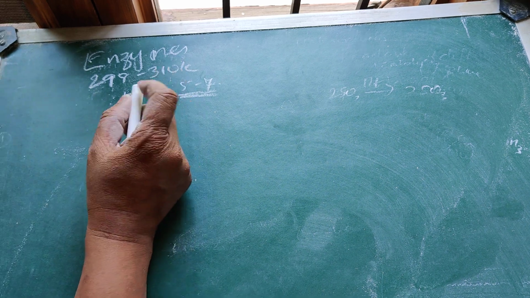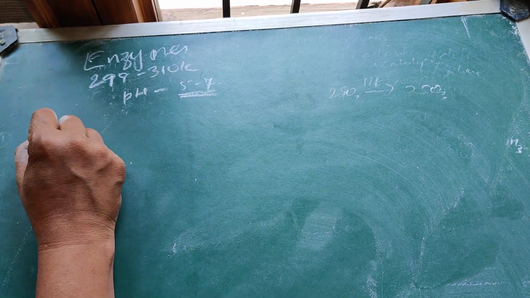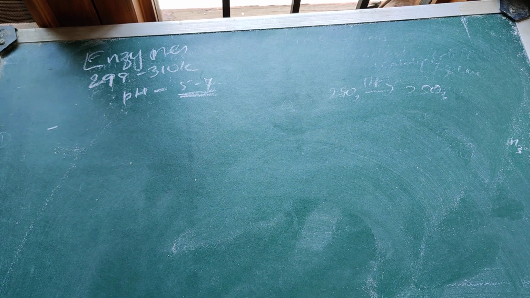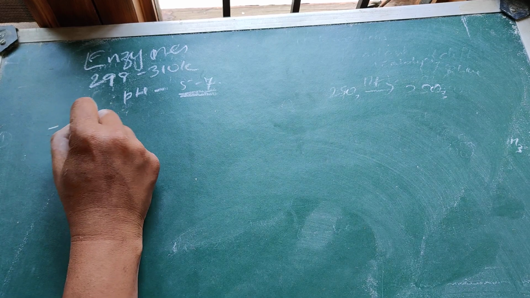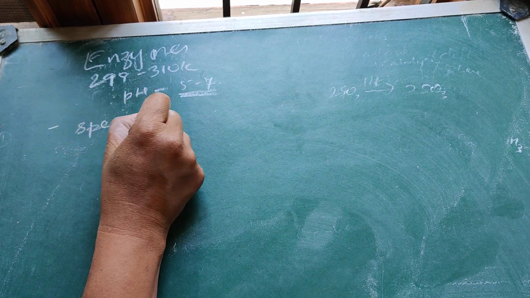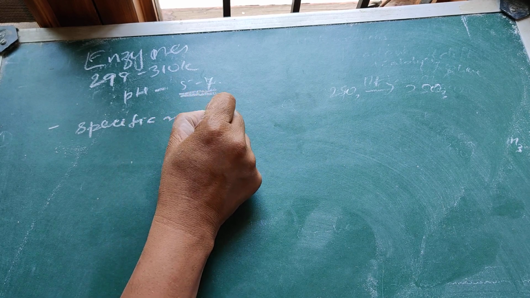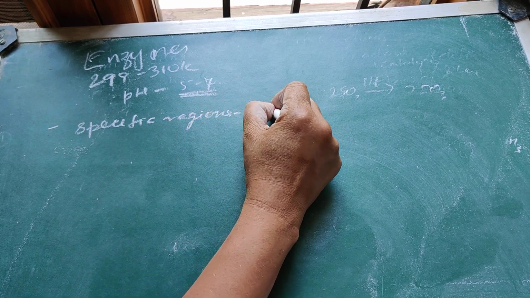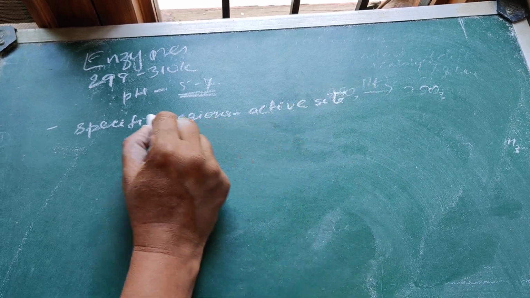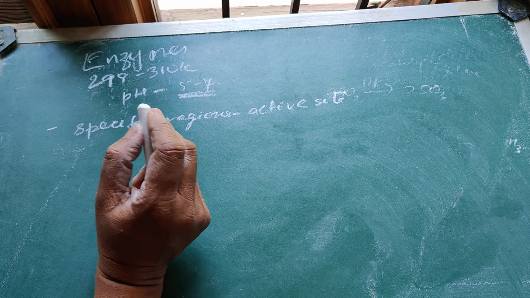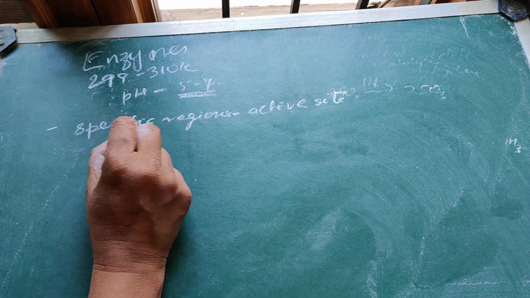Now, what is the mechanism of enzyme catalysis? So we know that it is highly specific in nature due to the presence of specific regions, that is known as active sites on the surface. Okay, and what are these active sites?